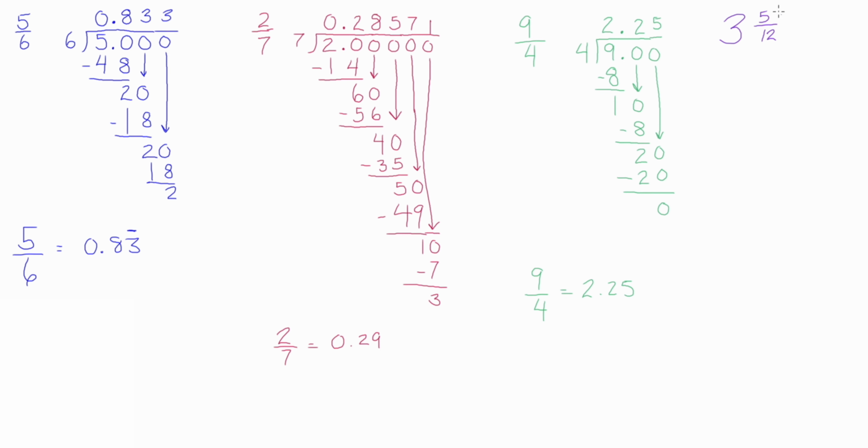We're going to convert the 5/12 into a decimal number, and then we'll worry about the 3 later. We're going to have 3 decimal something, because we already know we have 3 wholes. So we could write this here so we remember. We have 3 decimal, and then some blanks that we'll need to fill in, depending on whether we want to round to the 10th, the 100th, or the 1000th. I'll write 3 spaces there for now.